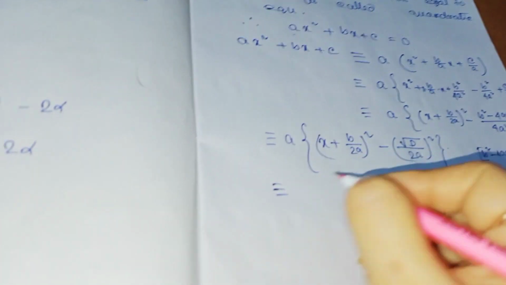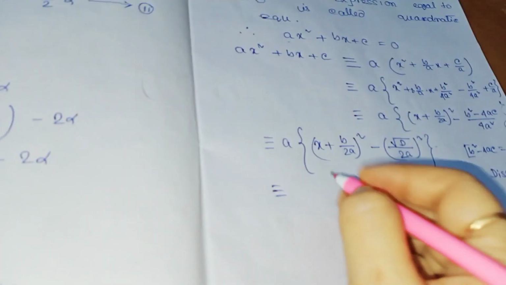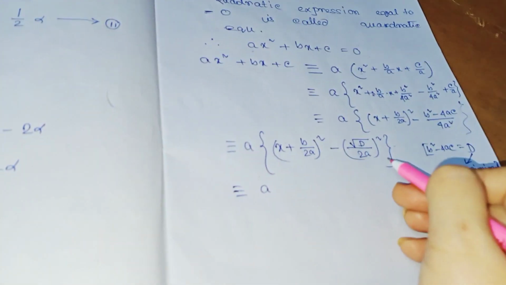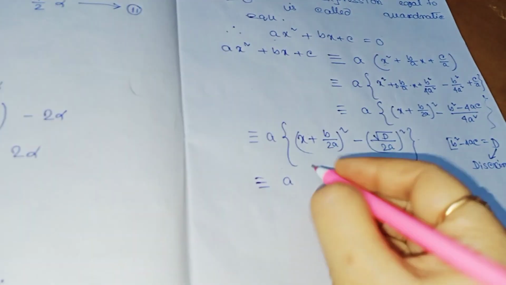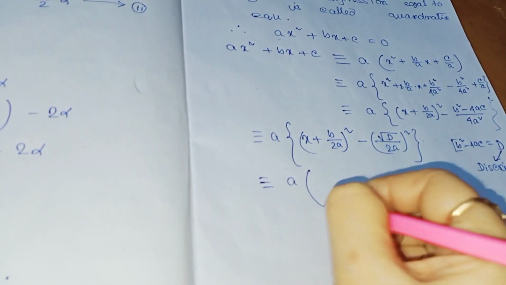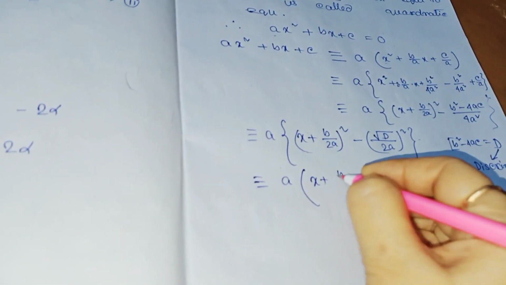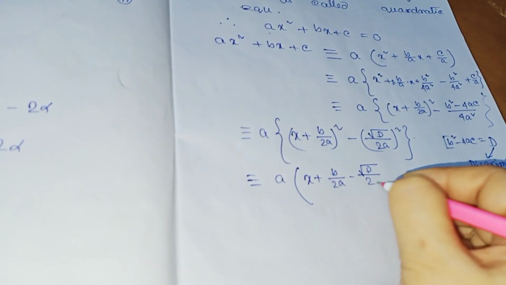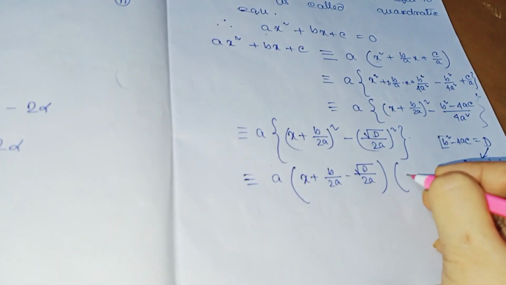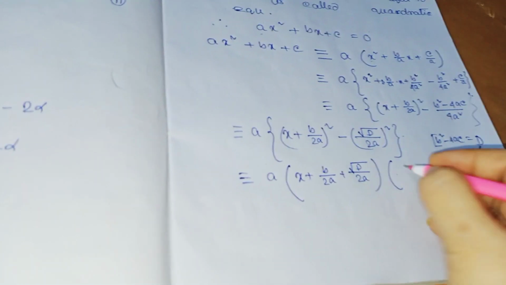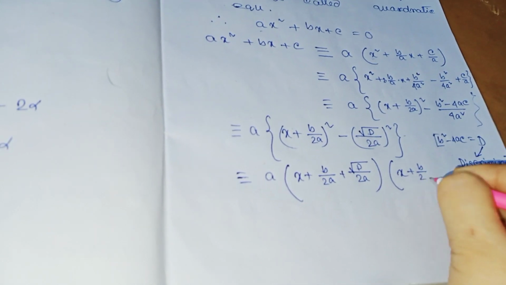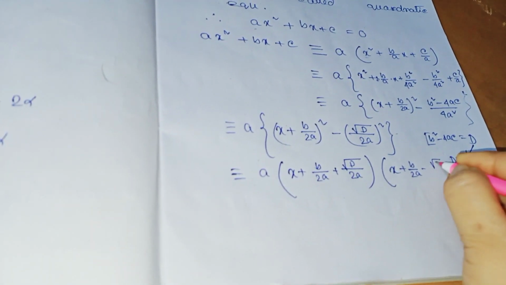Now putting the formula a square minus b square is equal to a plus b into a minus b, it is x plus b by 2a plus root D divided by 2a, into x plus b by 2a minus root D by 2a.